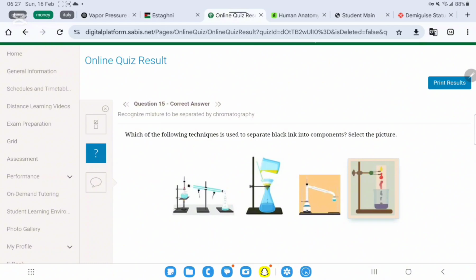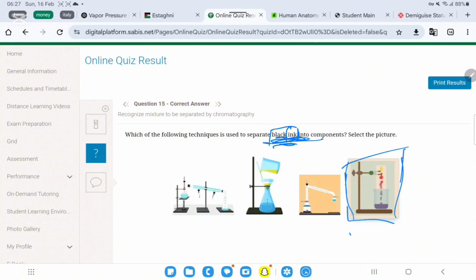Which of the following techniques is used to separate black ink into components? So here they want the technique used to separate black ink. Now when you see they want to separate black ink, directly go to paper chromatography. You don't need to do anything, just paper chromatography with black ink or ink in general.